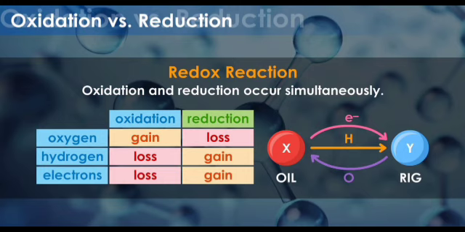Halogens always minus 1, but when bonding with oxygen it's plus 1. A monatomic ion, you know what that means, is equal to its ion charge. Hydrogen has plus 1 with non-metals and minus 1 with metals. Oxygen has minus 2 but minus 1 in peroxides.